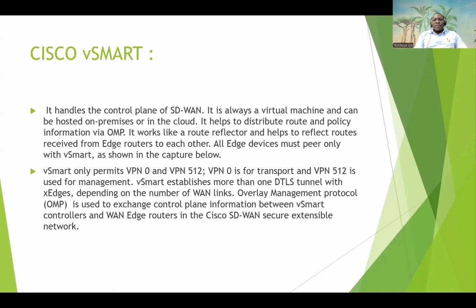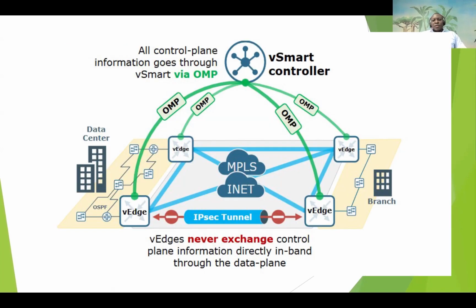So all edge routers must peer with vSmart. Yes, because if you have edge router A connected to vSmart and edge router B is connected to vSmart, they will have to share their routes with the vSmart first. And the vSmart is the one that will reflect that route to the other peer.